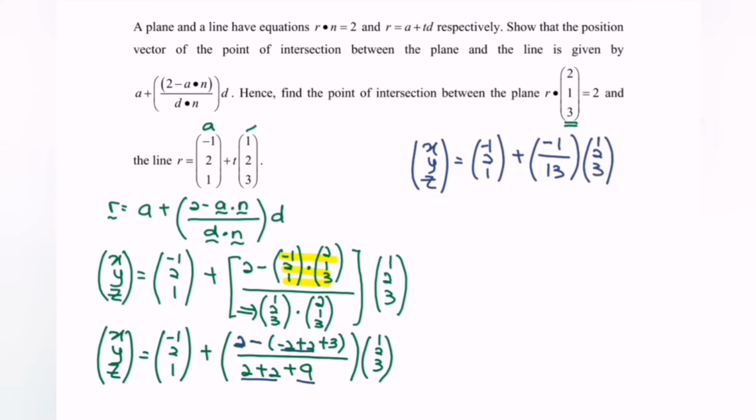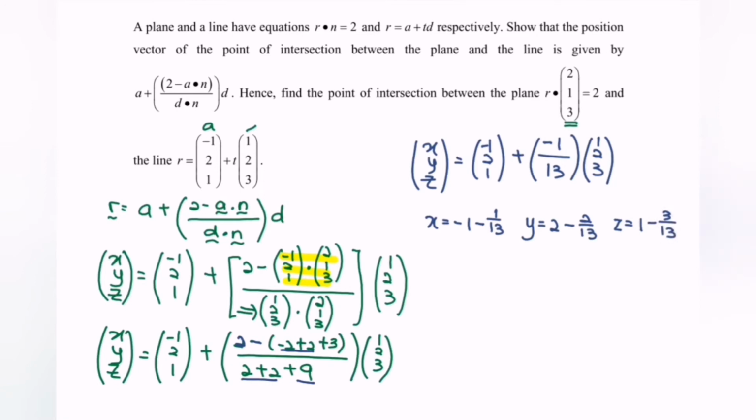So finally we have x equals negative 1 minus 1 over 13. Next y equals 2 minus 2 over 13. z equals 1 minus 3 over 13.